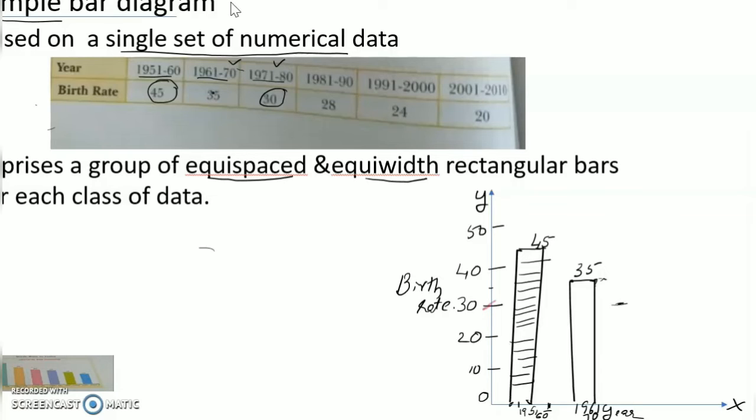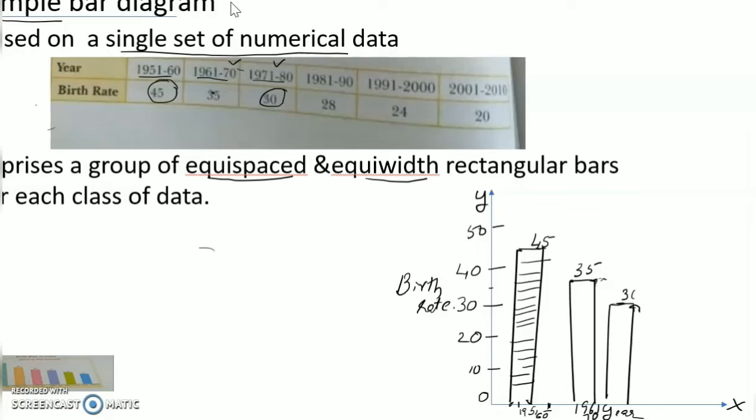For easiness I am drawing the one bar here. In this method we have to draw.